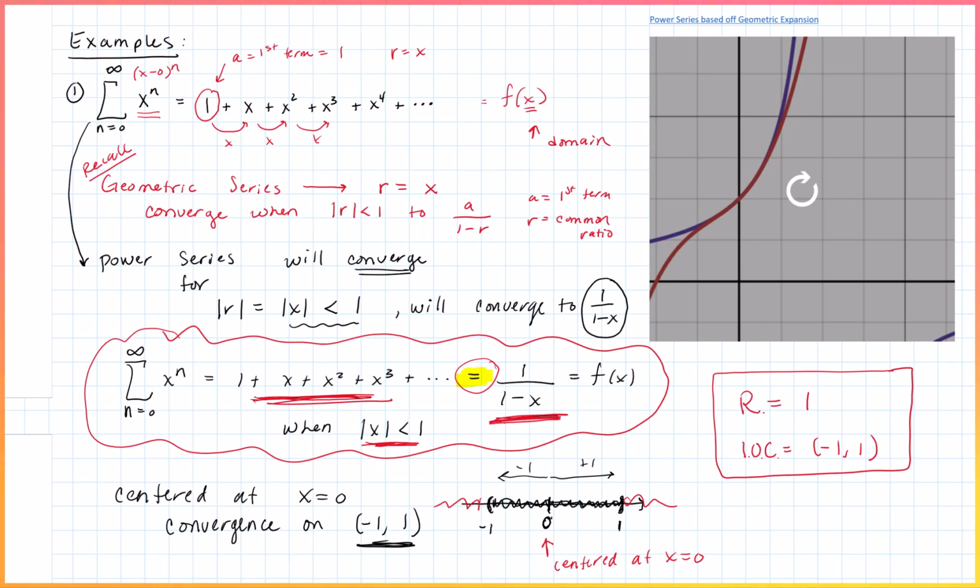If we think about plugging in -1 or +1 into the series, if we had -1 to the nth or +1 to the nth, neither one of those is going to converge. They both diverge. Therefore, we have the open interval, and that is coming out of what's already been proven through the geometric series in this course. Okay, when we come back, we're going to look at all kinds of other power series and determine their radius and interval of convergence.